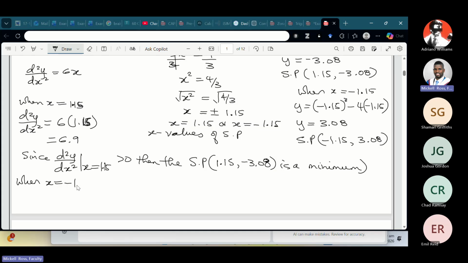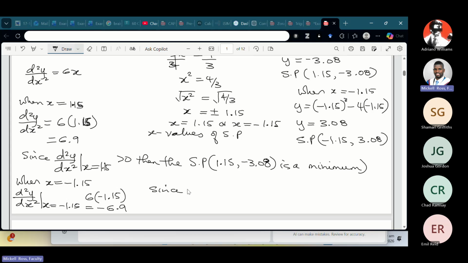Now, when x is equal to negative 1.15, we're going to get 6 times negative 1.15, which is going to be equal to negative 6.9.